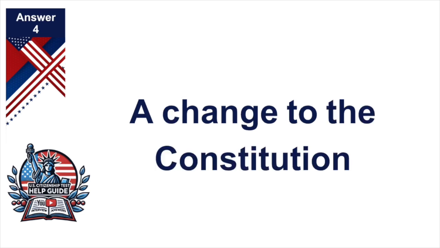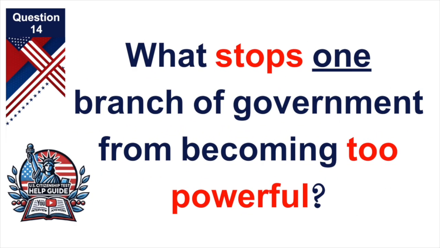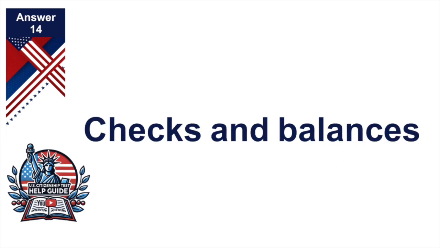A change to the Constitution. What stops one branch of government from becoming too powerful? Checks and balances.